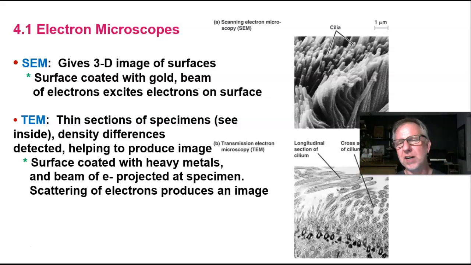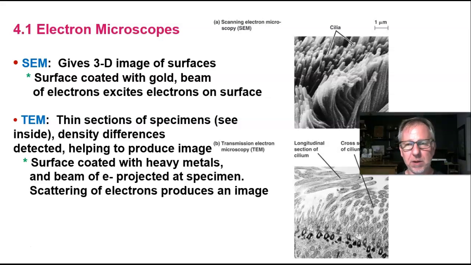So between these two kinds of electron microscopes, we can really get a good sense of what things look like down to a really tiny level. Whereas light microscopes can magnify 1,000 times and have very good resolution, an electron microscope can magnify to almost 1,000,000 times with good resolution.